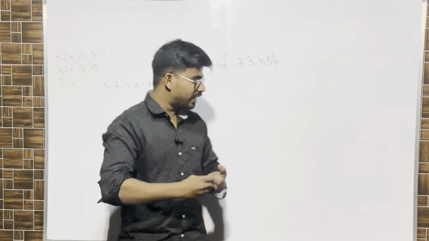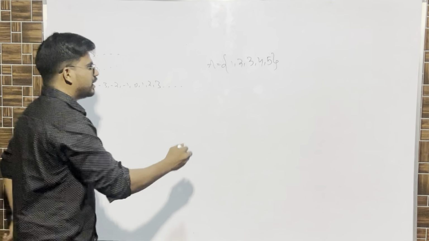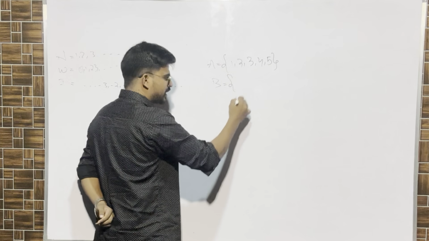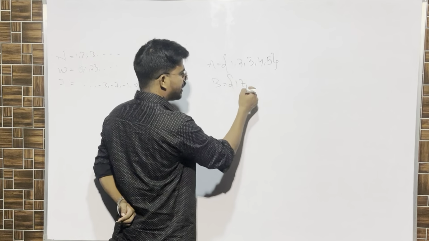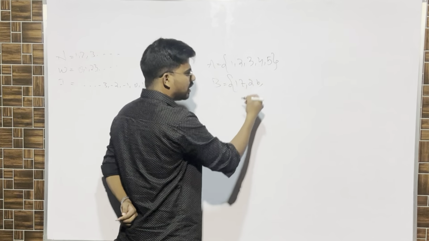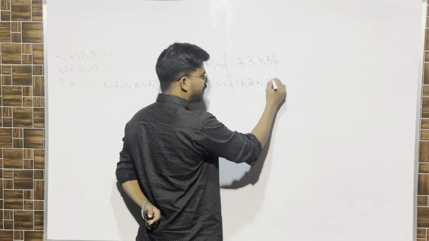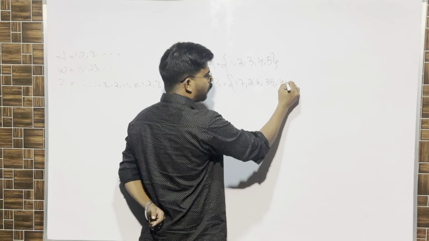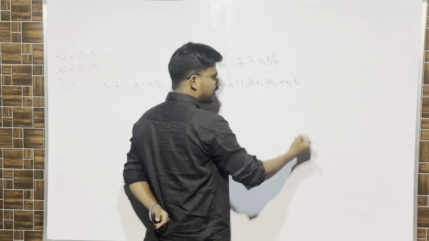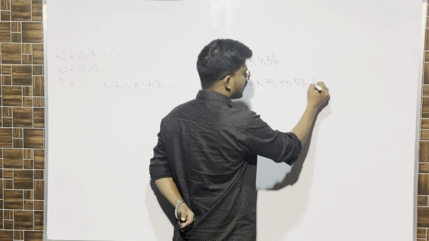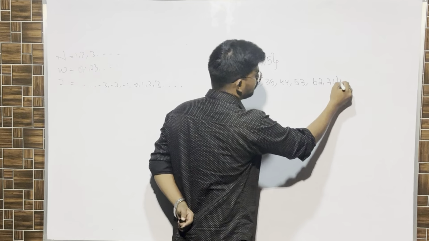So we can write that in a proper sequential order in this way. B, for example, B is a set: 17, increase one number, decrease one number; 26; 35; 44; 53; 62; 71.